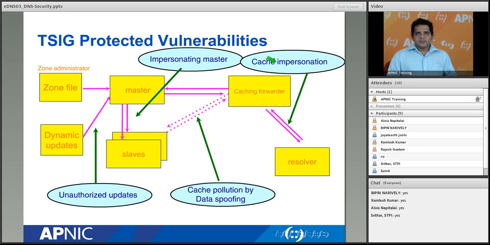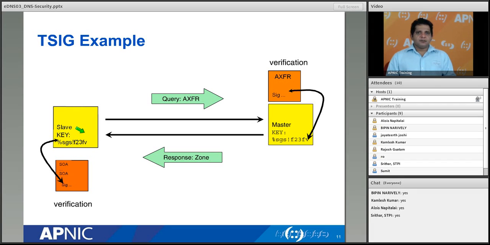All right, so this is how the verification process happens. As you can see, you have the master on one side and the slave on the other side, or the primary and the secondary. The secondary comes with a query, AXFR, that's basically a query asking for the zone transfer, because the secondary goes and talks to the primary and checks whether the primary is synchronized or consistent with the secondary.